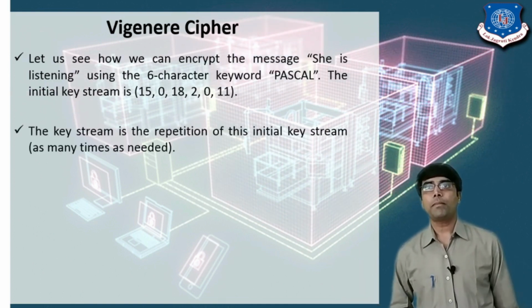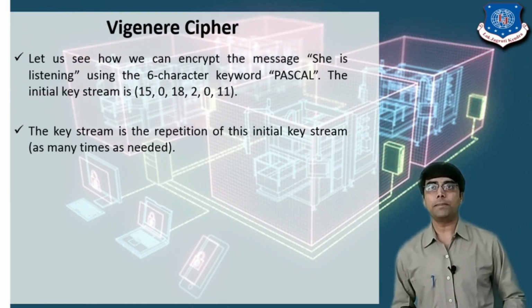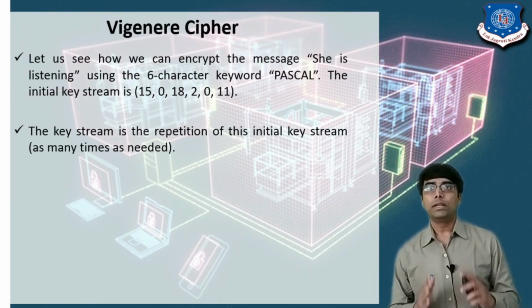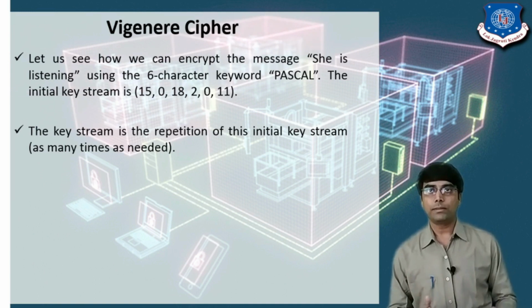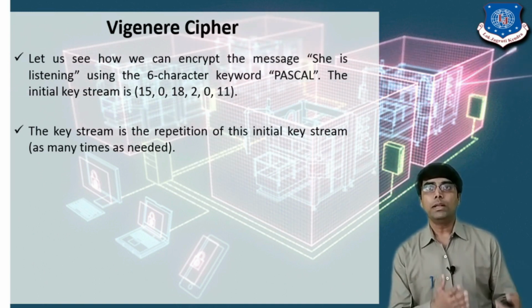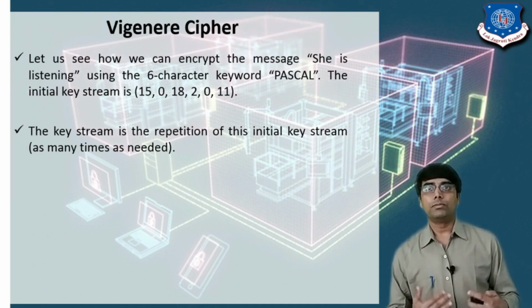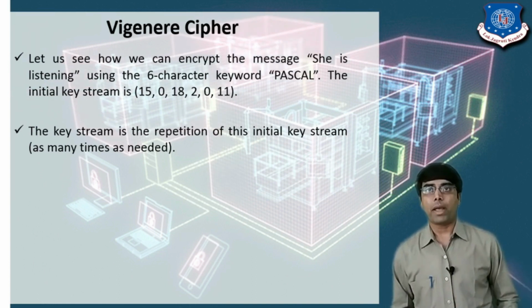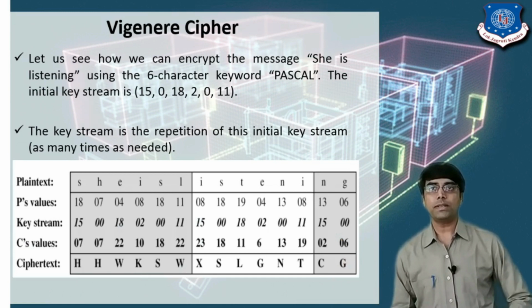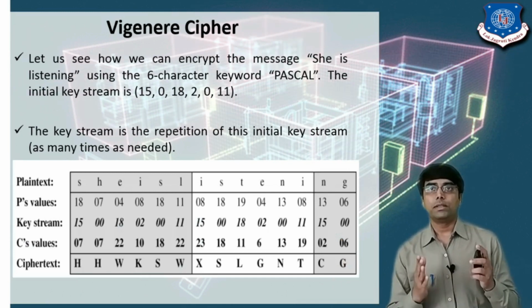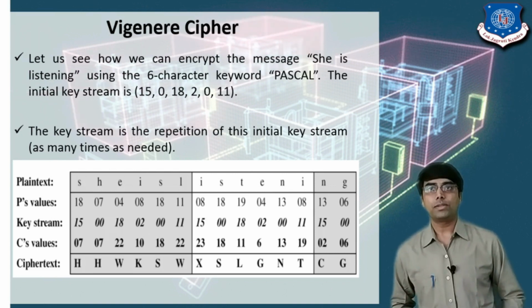Now the key string is a repetition of this initial key string. I already told you the key is repeated, so that the size of the key becomes the size of the message. Now this is your plain text message. The plain text message is divided into groups of 6 because the size of the key is 6.